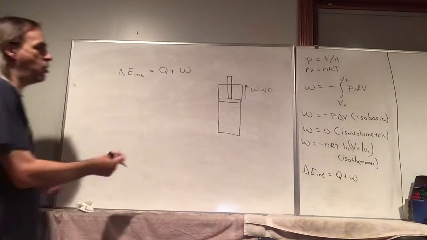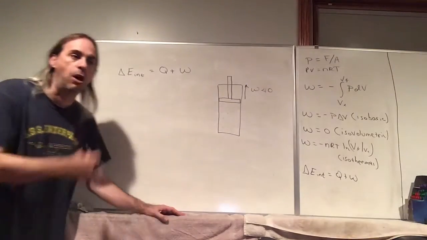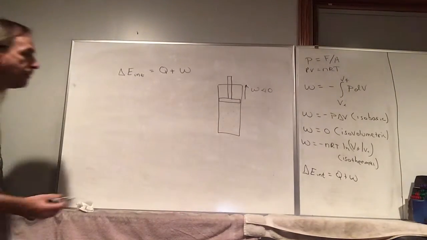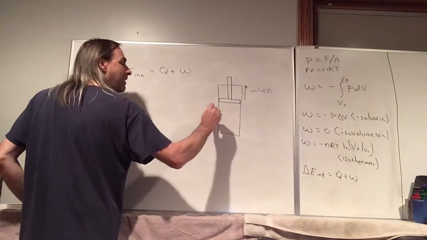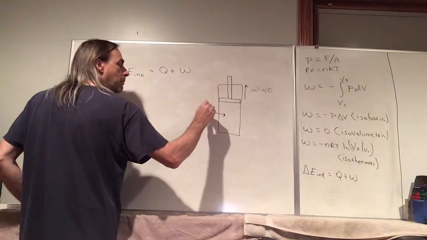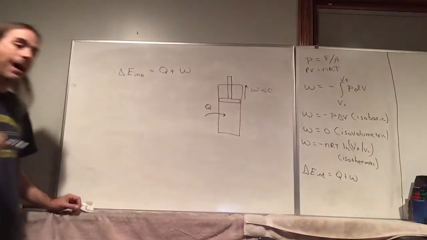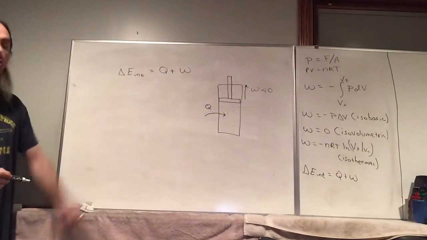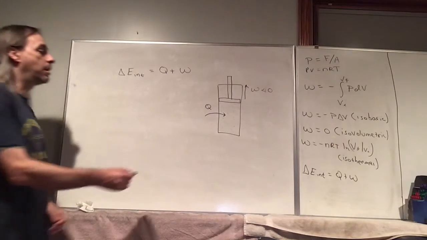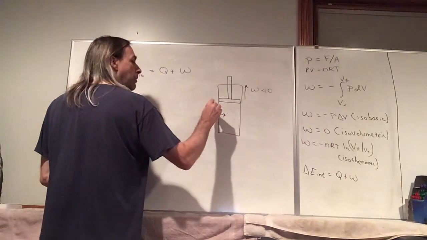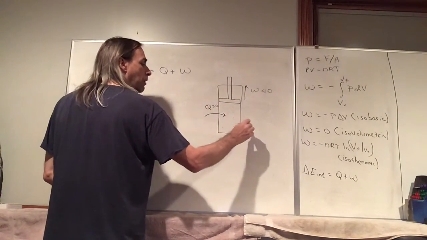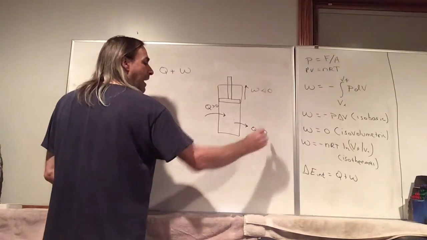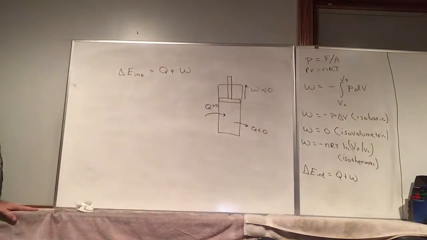And Q is heat exchange, and heat can go either direction as well. Let's say heat is entering the gas. That would make Q positive, and that would cause its internal energy to increase. So here, this would be Q greater than 0. Let's say heat is leaving the gas. That would make Q less than 0.